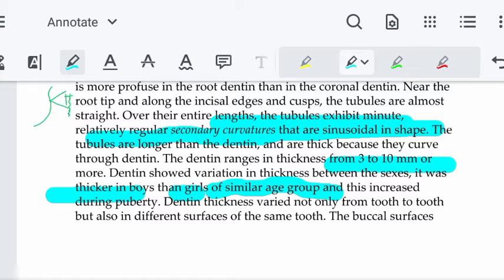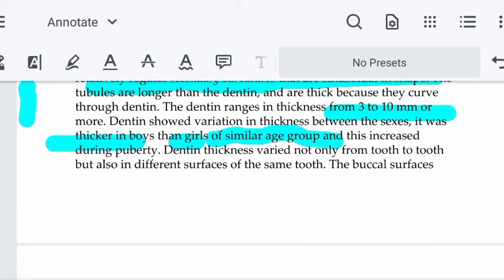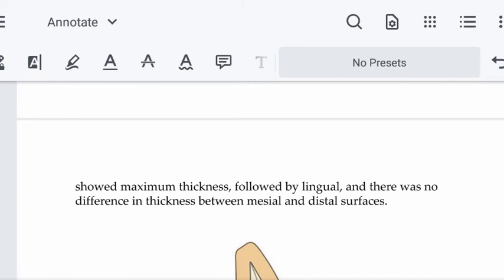Dentine thickness varies not only from one tooth to another, but also on different surfaces of the same tooth. The buccal surface of the tooth shows maximum thickness, followed by lingual, and there is no difference in thickness between mesial and distal. The tooth contains surfaces, right? The buccal surface, the lingual surface.